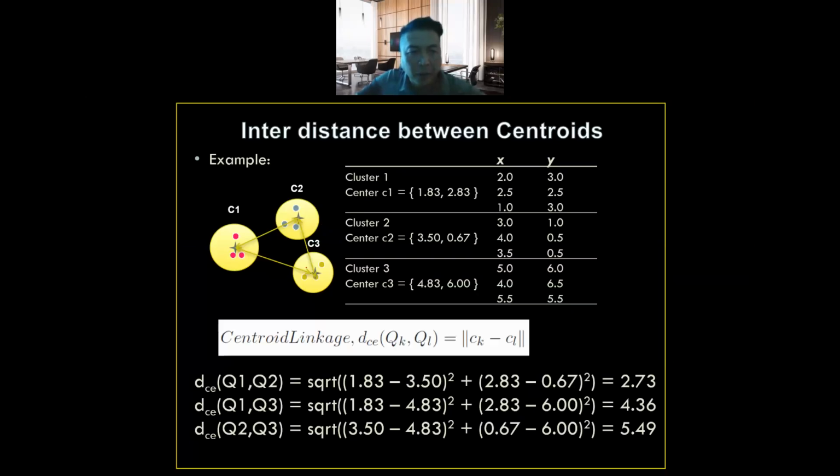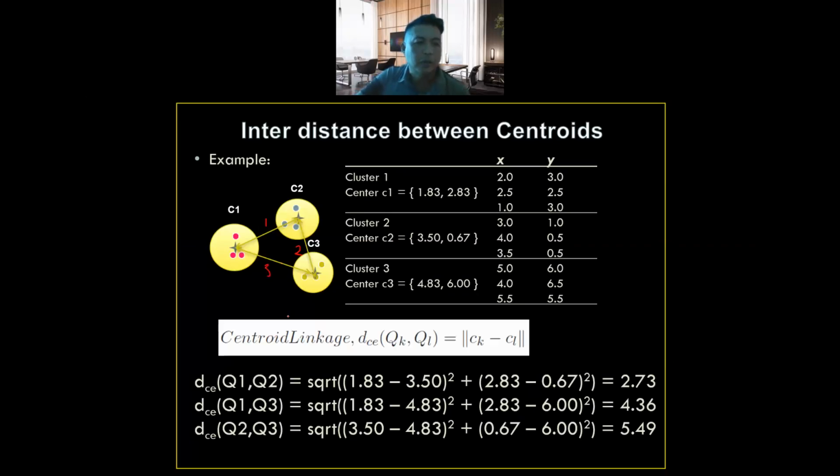Okay. For this one, we compute the distance between the cluster first. We can do this one first, or we can find the compactness. But in this example, we are looking at the distance between C1 and C2, the distance between C2 and C3, and then C1 and C3.